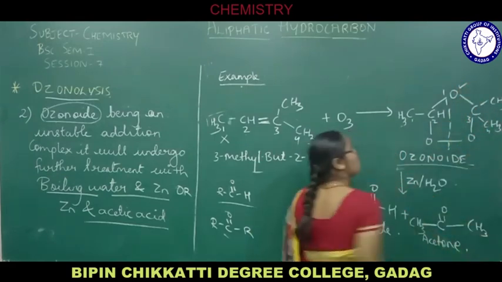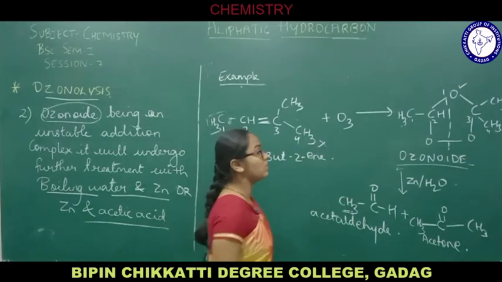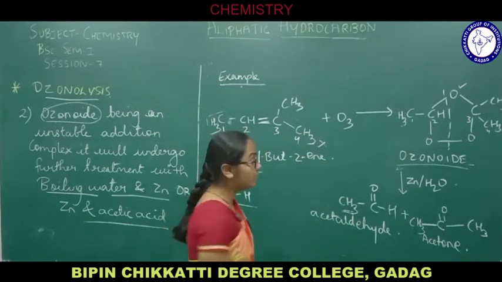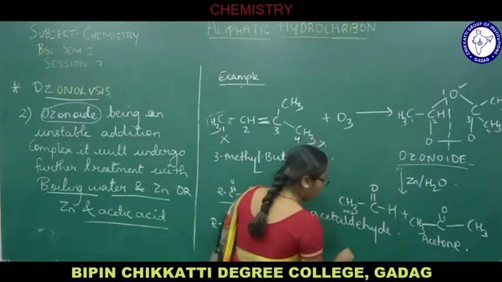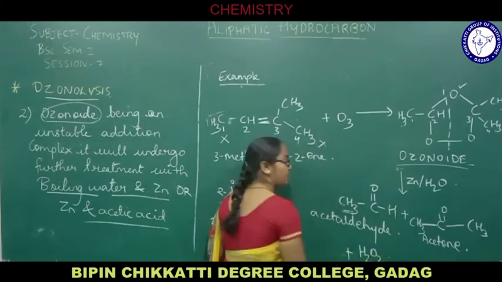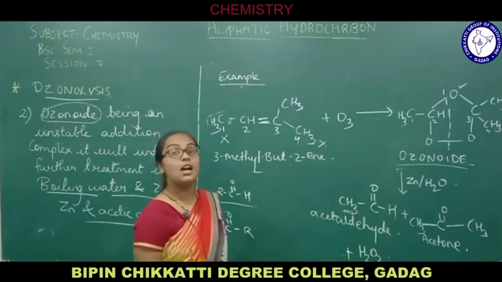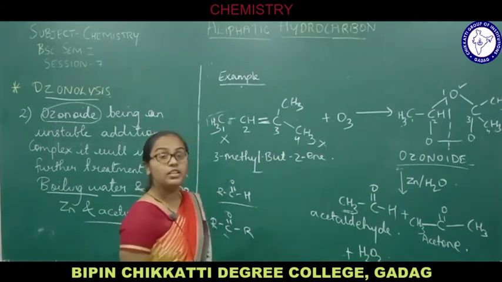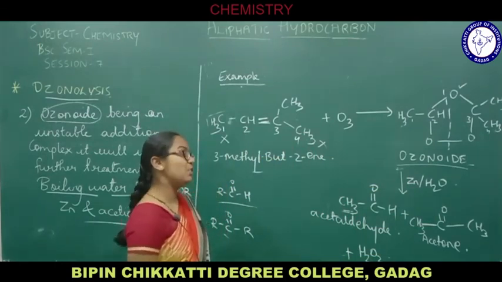Then only one oxygen remains. That one oxygen will combine with water to form the byproduct called hydrogen peroxide. So this is how the reaction takes place.